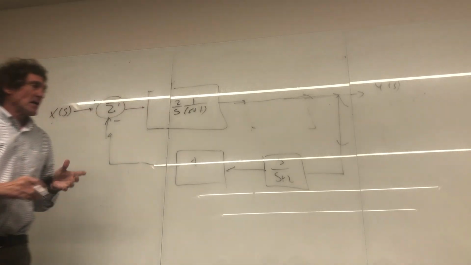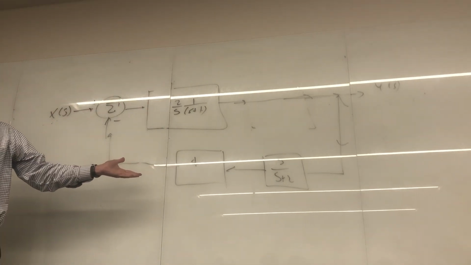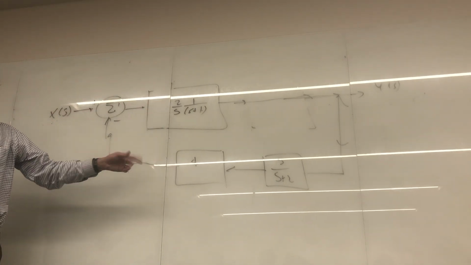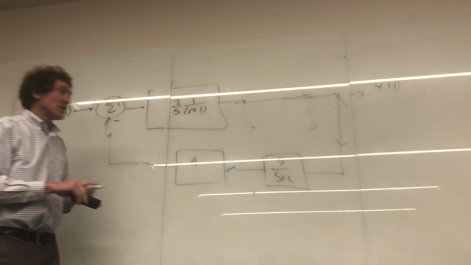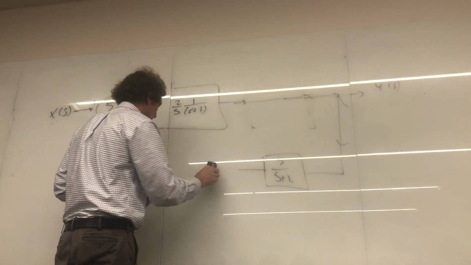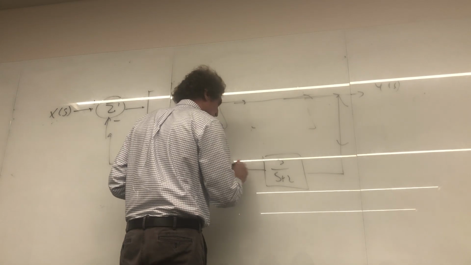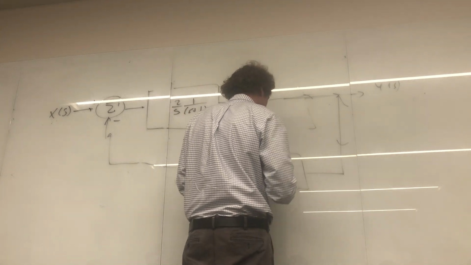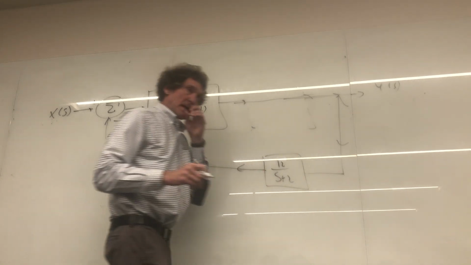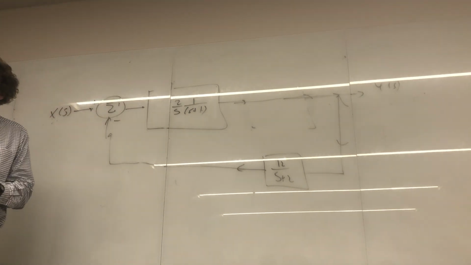All right, down here, what am I going to do? 4 times 3 is 12, right? Get rid of one of those blocks. That's 12. Now, I'm going to identify things.